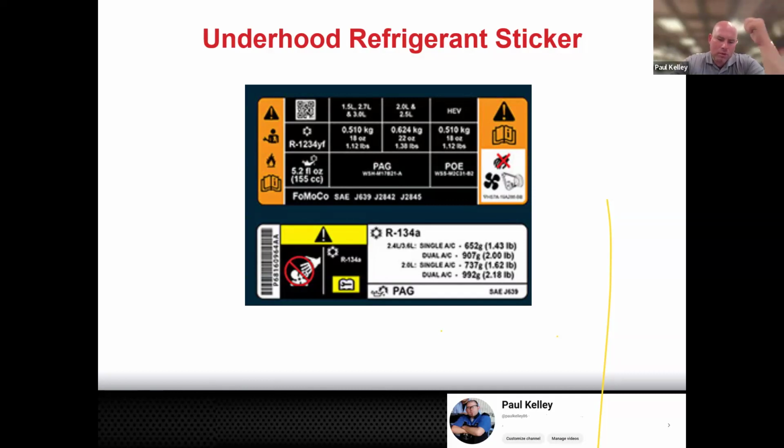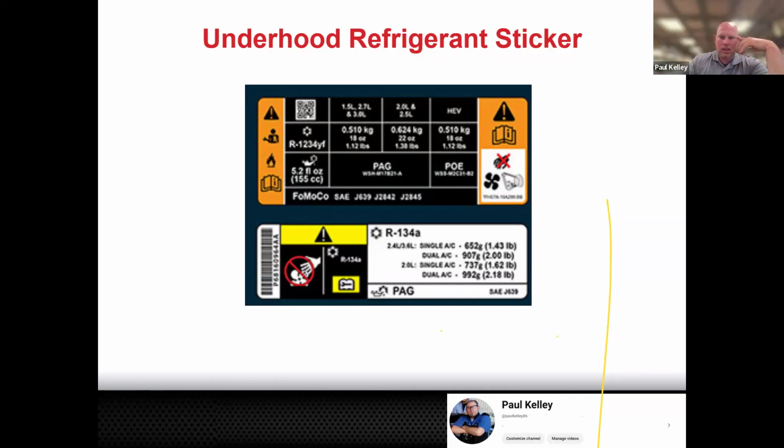If you start to do AC work, you learn the fittings, and you can tell what type of refrigerant it takes from them anyway. But you can also tell on the sticker. The main reason we look at the sticker is how much refrigerant we should charge it with. Make sense? When we charge it, we're going to pump 1.12 pounds into that 1.5 liter. Cool. That we will do.